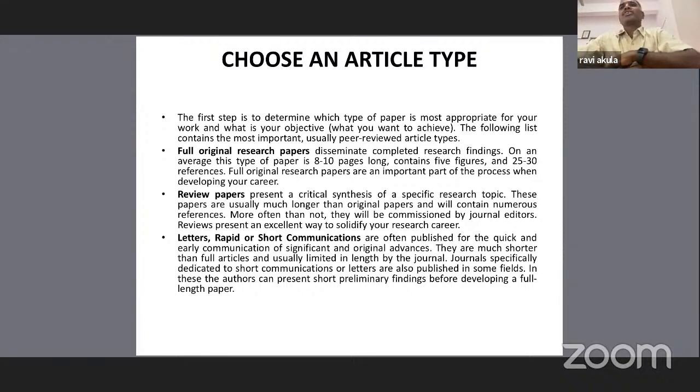And on average, this type of paper used to be 8 to 10 pages long, and it may contain around 5 to 6 figures. And typically, an original research paper contains 25 to 30 references.